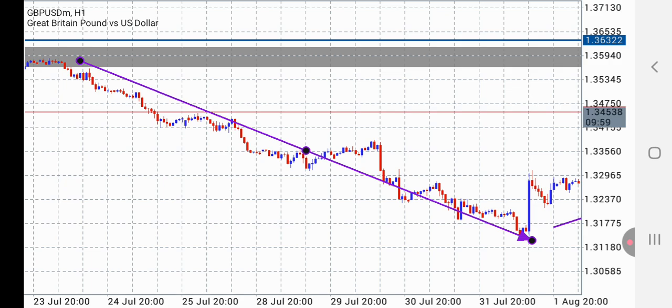So a resistance represents sells. Think of it as selling. Every time price hits, it rejects or it rebounds, right? Always, resistance rejects, support rebounds. So that's something you gotta keep in mind, guys.